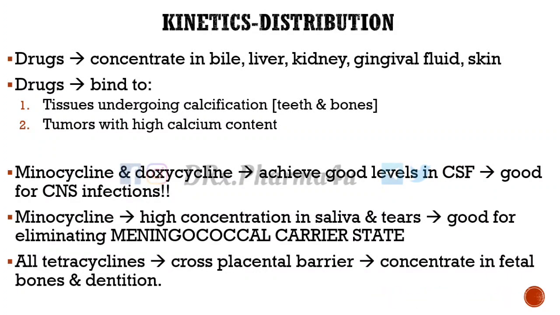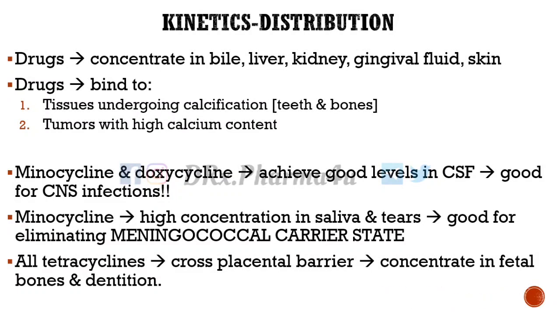So in liver, it may cause hepatotoxicity. In kidney, some of them are nephrotoxic in nature. In gingival fluid, it can cause problems with the gums. And if it concentrates in the skin, and if you are going outside and you are already a person who is very sensitive to sunburns, then definitely it can cause photosensitivity reactions as well.